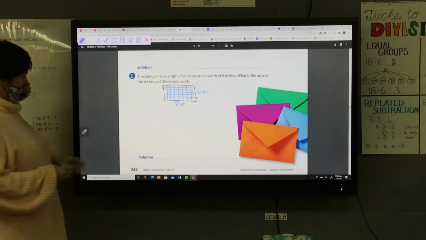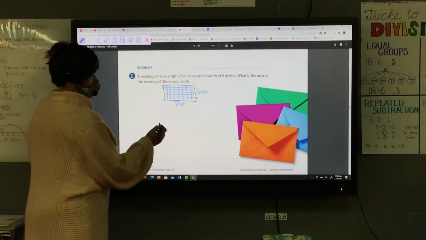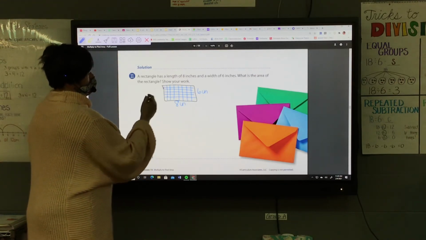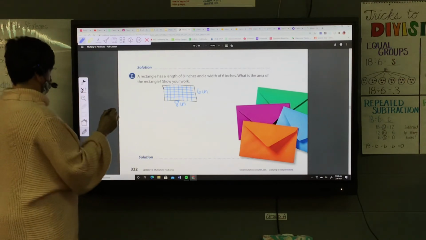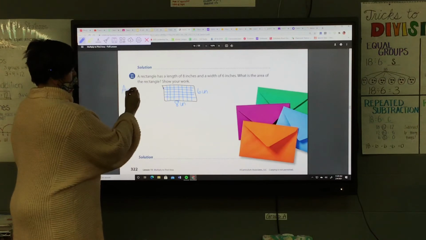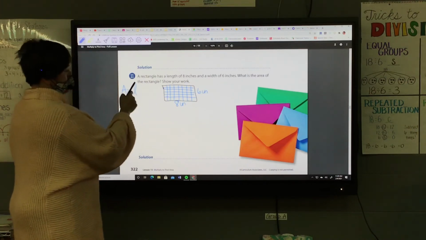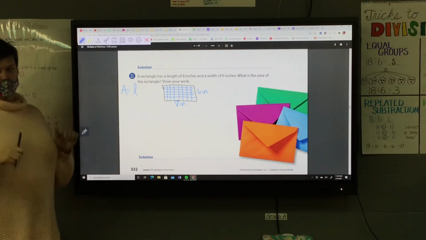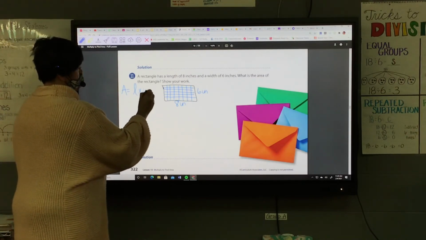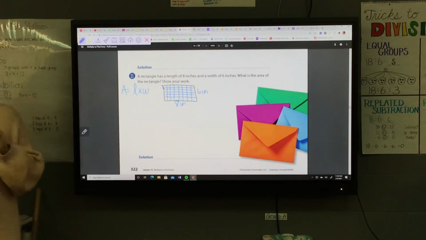Haley? Multiplying 6 times 8. Okay, so when we are working with area equals, I'm doing the cursive L so it doesn't look like a 1, okay? So length times width, right?